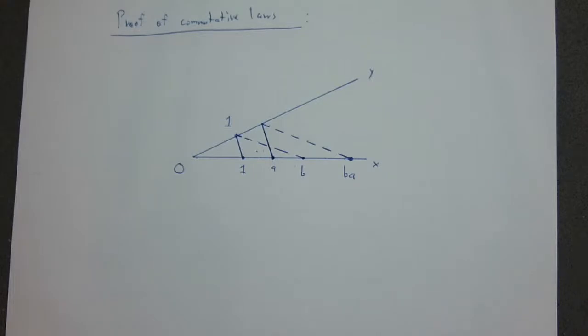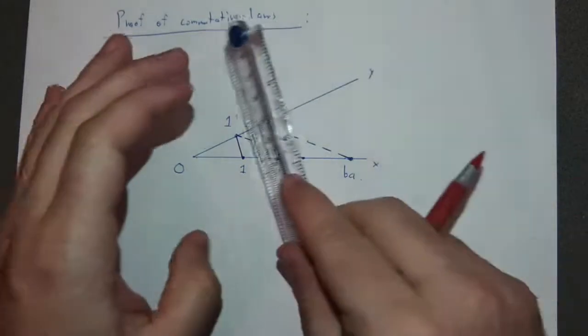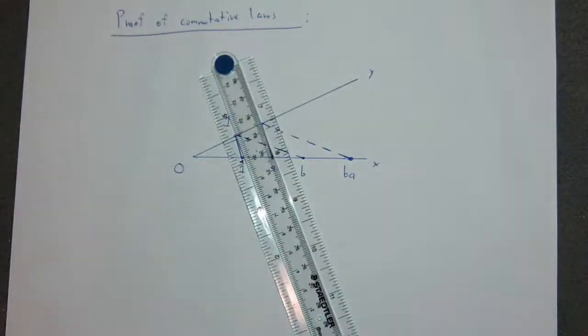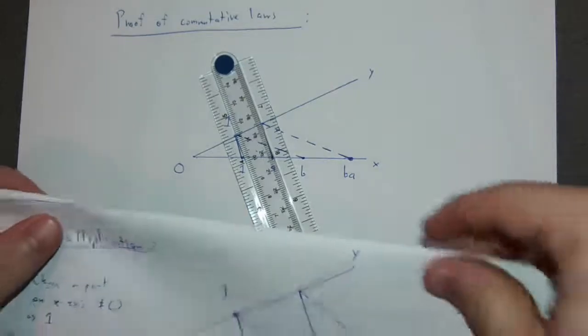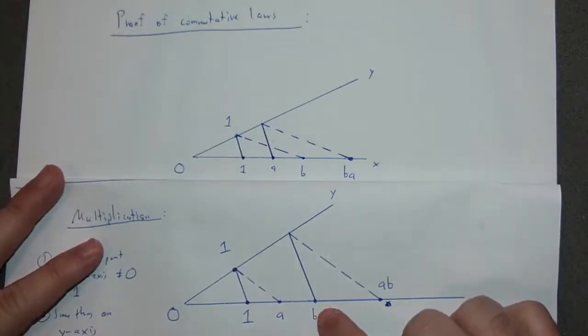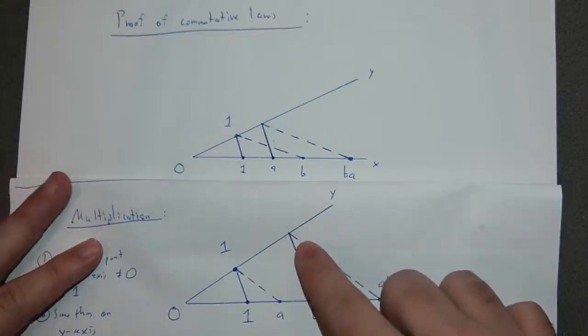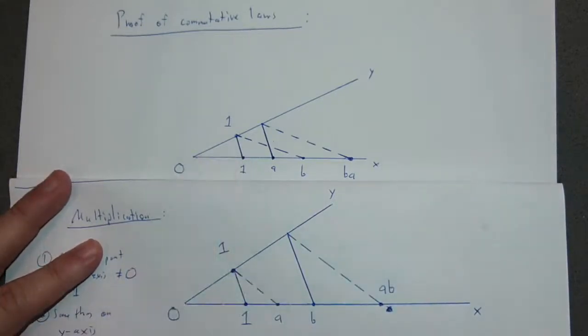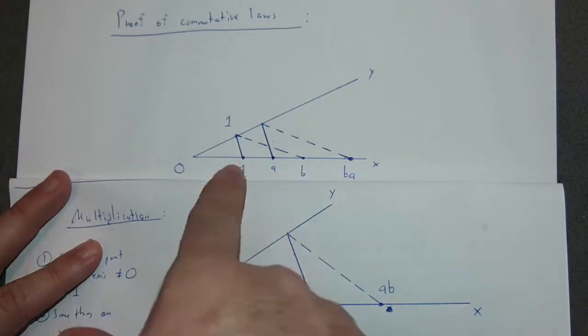So let's see how this works. On this same picture, maybe I'll draw it with a red pen instead, I want to draw in A times B. So remember, to draw in A times B, I need a solid line on B, from B to some point on the y-axis that is parallel to my correspondence line from 1 to 1.